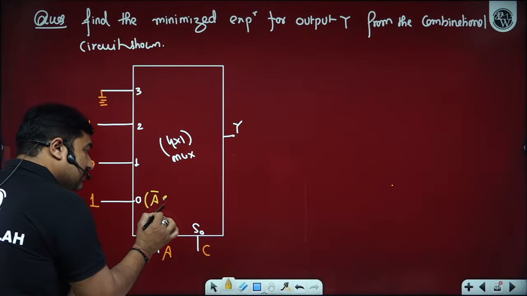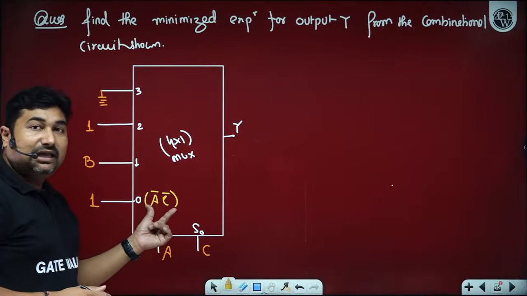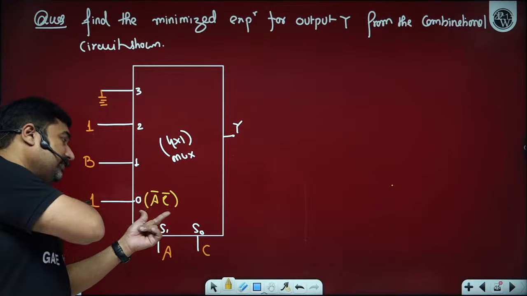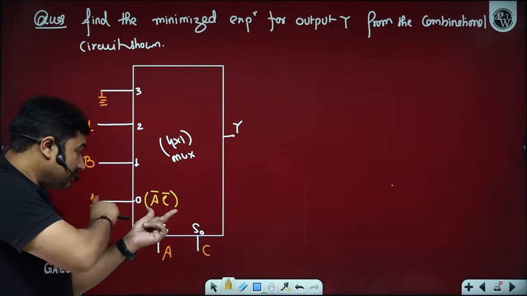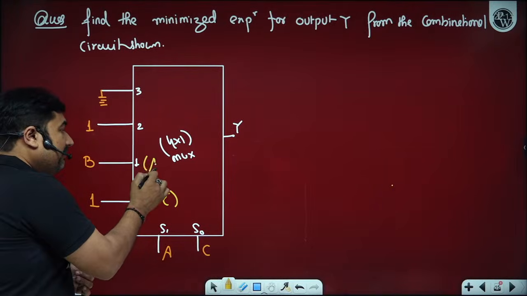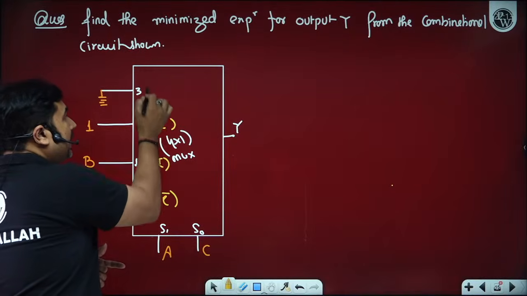Because of the select line action, we are getting A bar C bar information at this particular AND gate, and one information is input. Now this is going to be multiplied by this. In the same way, we have I1, so A bar C, AC bar and AC.